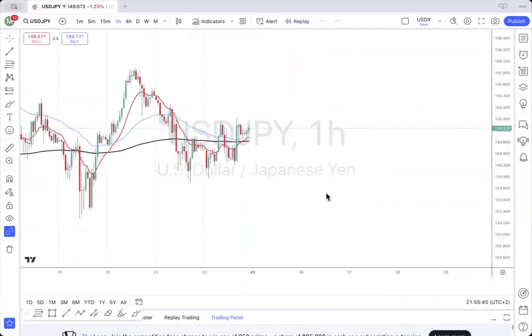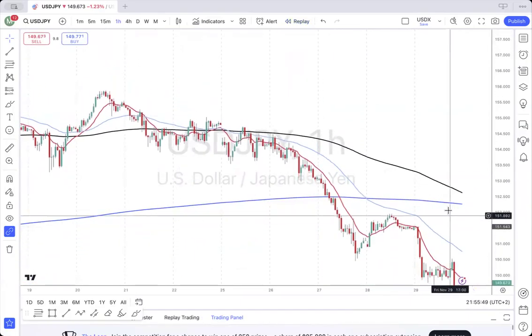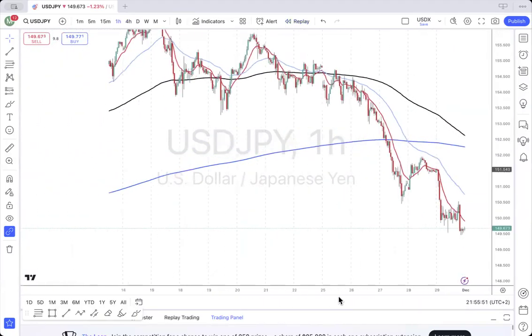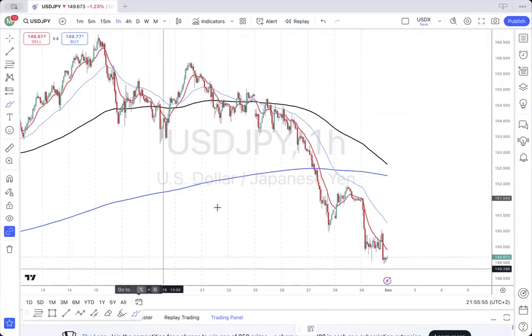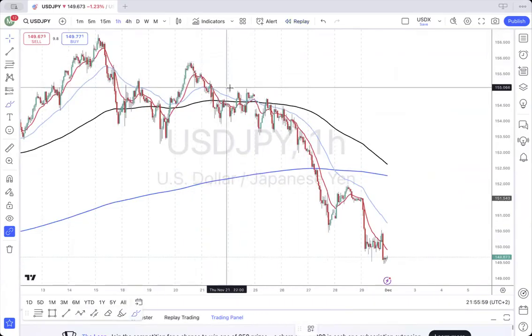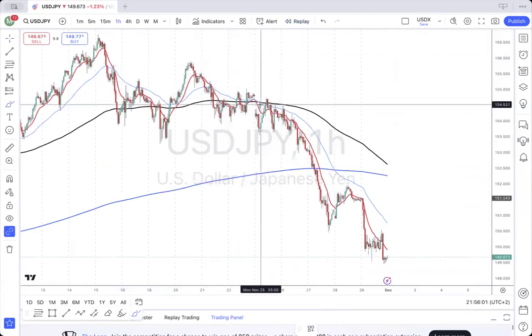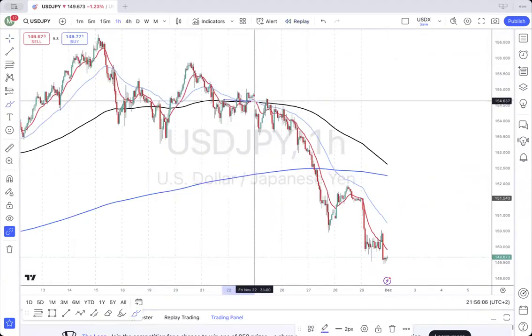So maybe let me remove all this. Yes. So here is USD JPY. I want to show you how my entry was. Where was my entry? My entry was somewhere at this point right here.